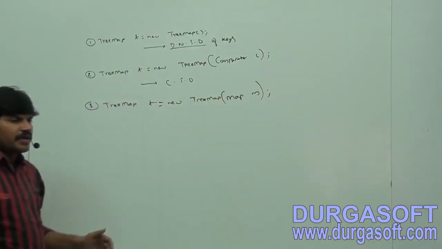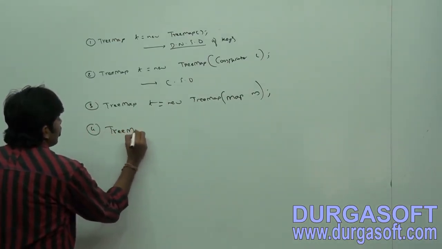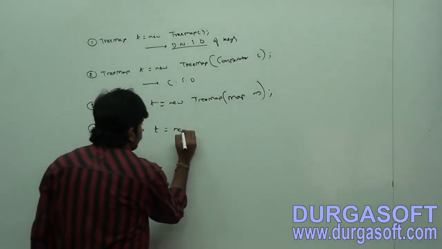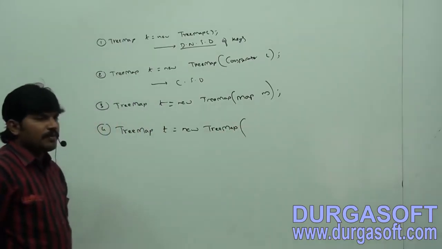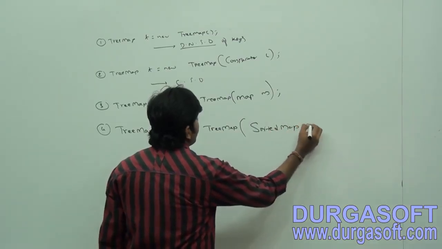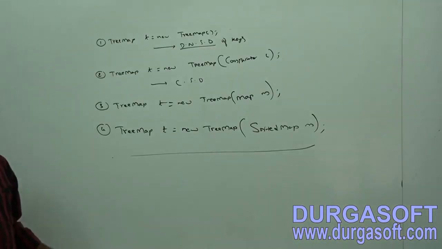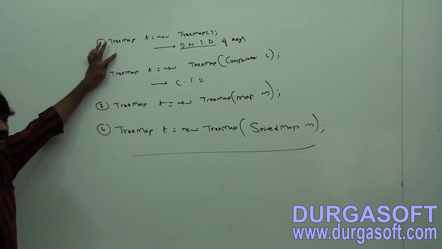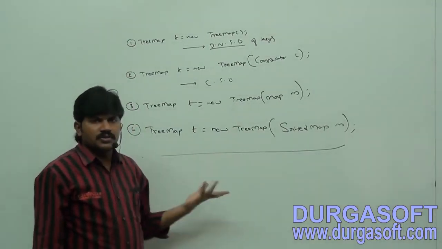Next, TreeMap t = new TreeMap(SortedMap m): for any sorted map, an equivalent TreeMap is created. In total there are 4 constructors. The first is meant for default natural sorting order, the second for customized sorting order, and the remaining two are for conversion.